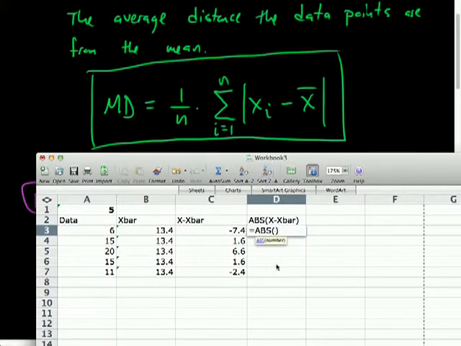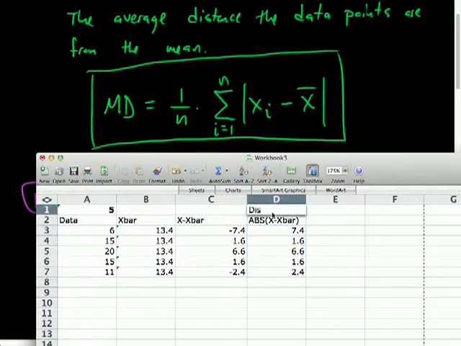It says, just give me a number, I'll give you the absolute value of that number. There's the number I want the absolute value of. It's just going to make it positive. So bam, there's that. Now I've got the absolute value of those differences, which means that's a distance.